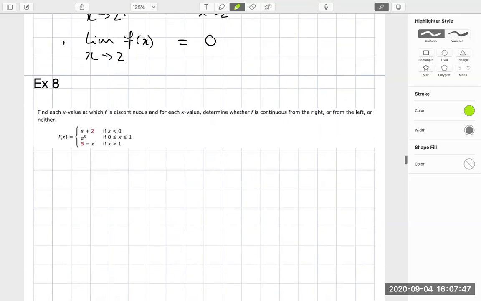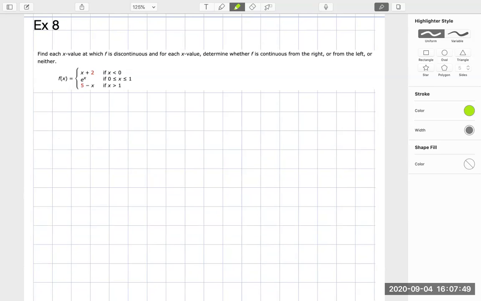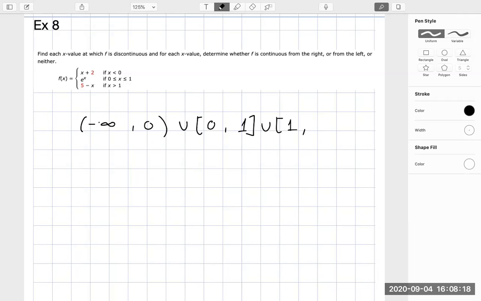So let us move on to another example. The similar question. It is similar, so we don't need to go over it again, right? Let me just quickly write it down. We check on the interval from negative infinity to 0, union with 0 to 1, union with 1 to infinity.